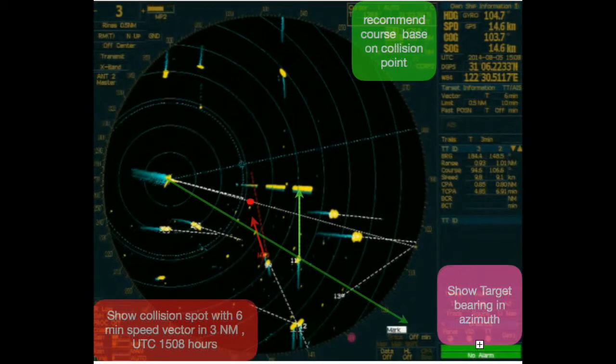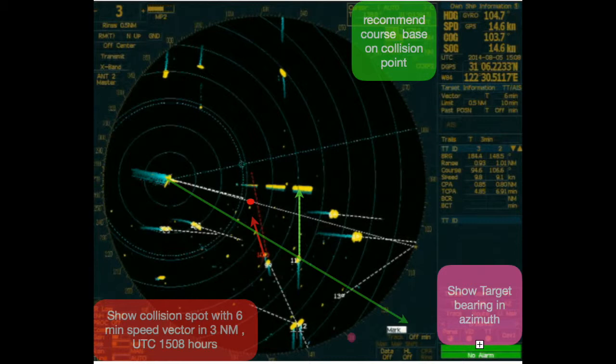And in this rough situation, maybe we should ask the dynamic presentation to provide a recommended course. Here I recommended the course of 120. This is because the collision course is about 105 degrees, our current course, which has collision risk.